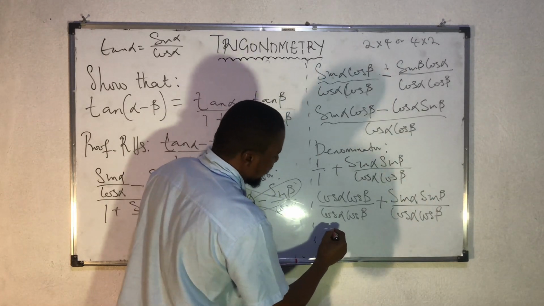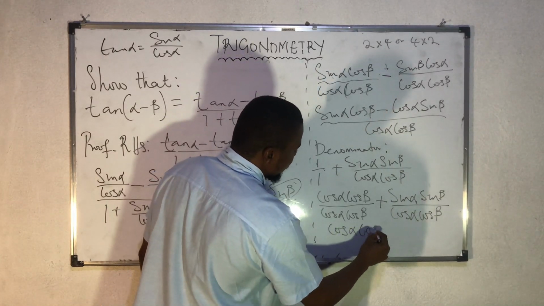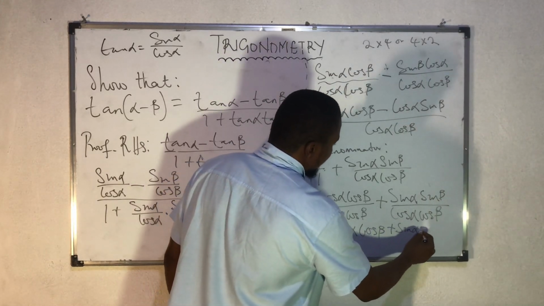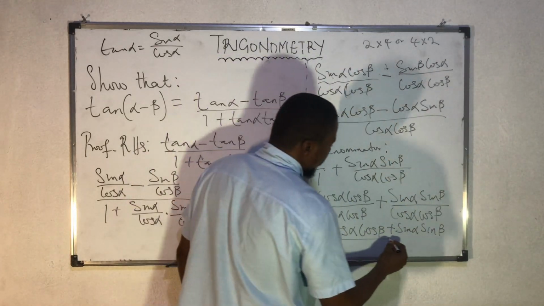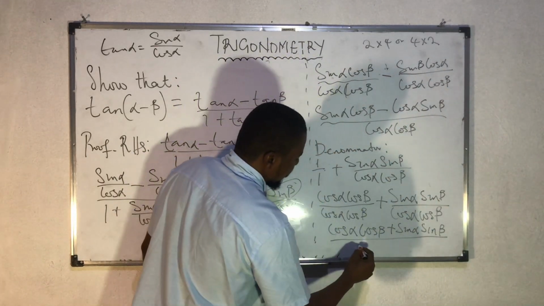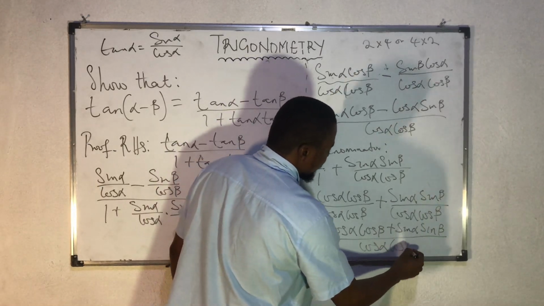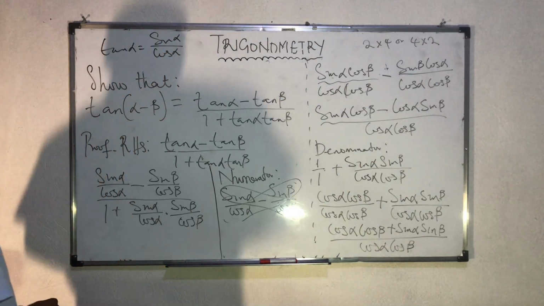Therefore, we shall obtain cos alpha cos beta plus sine alpha sine beta all over cos alpha cos beta. All right, we have combined them as a single fraction.